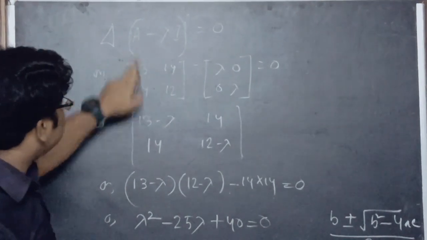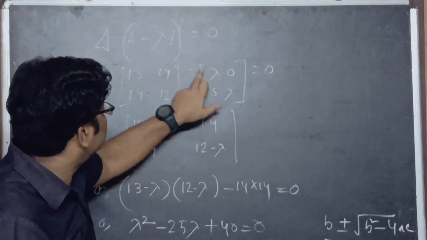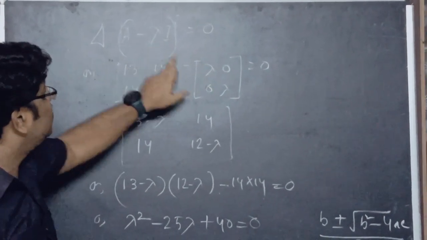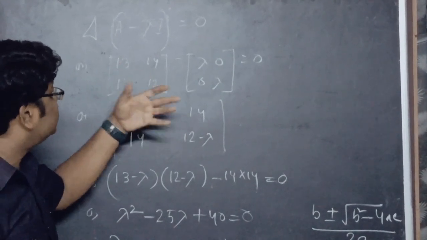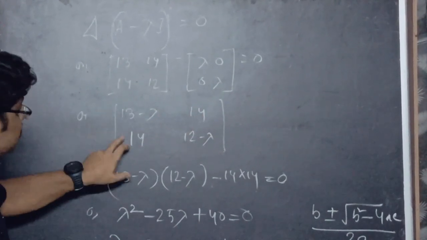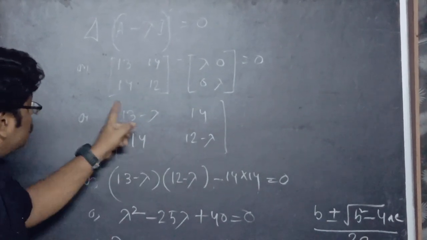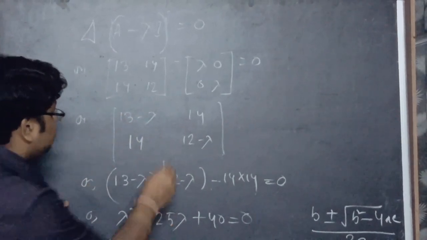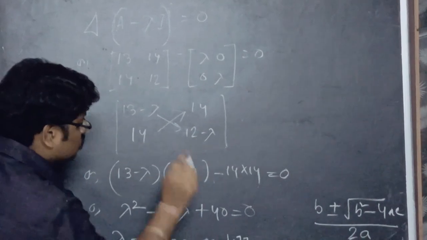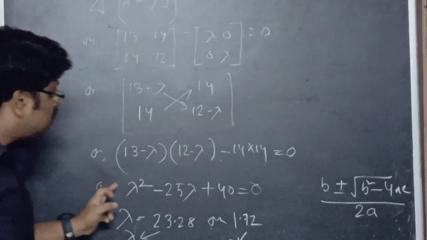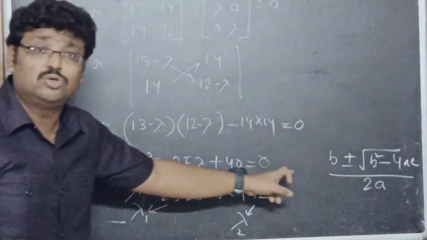Matrix A is this, and the identity matrix is multiplied with lambda. After matrix subtraction we have this one. Now find the determinant by multiplying the diagonal terms and taking the minus sign between the two, and we get a single equation. After solving it, we have lambda square minus 25 lambda plus 40 equal to 0.